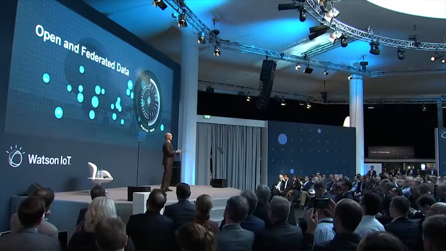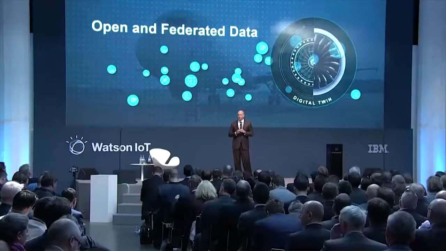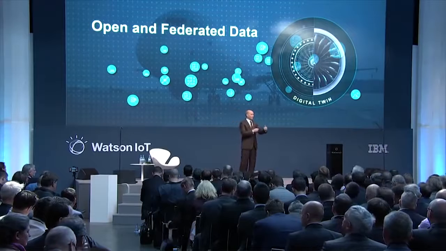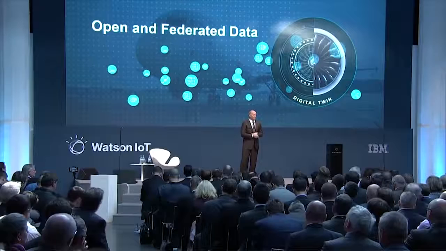You have to be able to access it from a variety of different sources. You have to be able to pull it together into a federated model. And you have to be able to bring it together so that you can get that interaction, that dynamics to play. It's not just a schematic you're making. It's not just a picture you're making. You're actually making a dynamic model that you're going to shift as you go through both the design, the build, and the operations phase of what you do with the life cycle of that product.